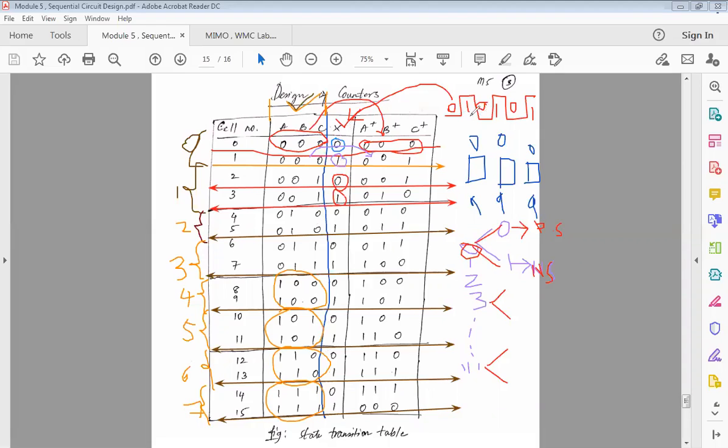As I mentioned, your clock values will be moving from 0 to 1, 0, 1, 0, 1, because it's low, high, low, high. So this is like a clock. Based on this, we will be going to our next state, which is A plus, B plus, and C plus.